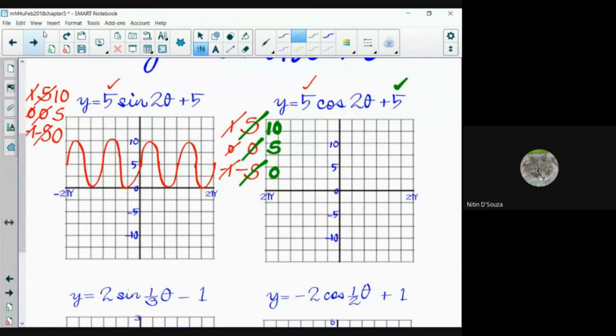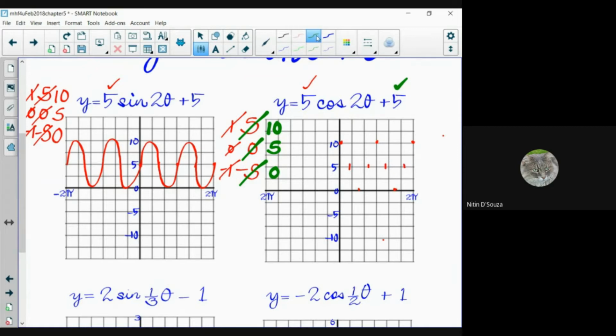Okay, so it has to start at the max. So there's the first point. It's going to do a complete cycle and it's going to end here, and another cycle and end here. The minimum will be over here. And then the 0 will be there, there, there, there.